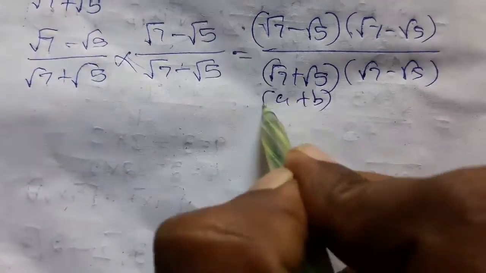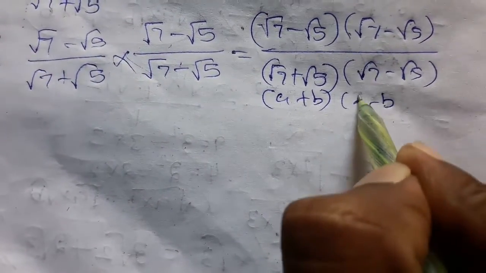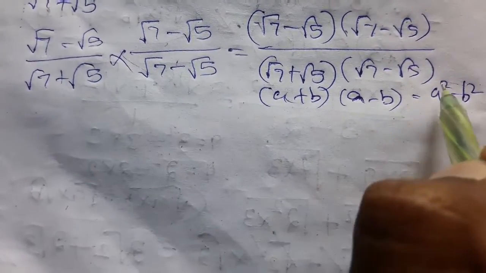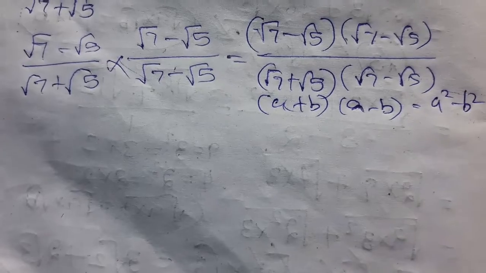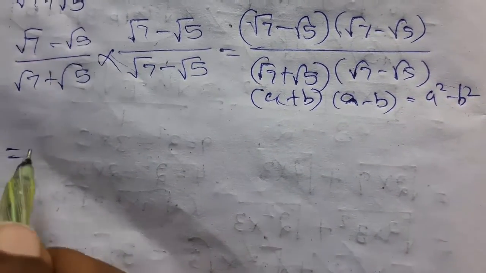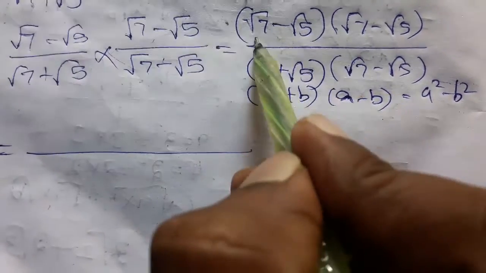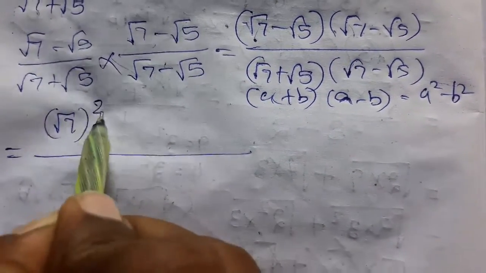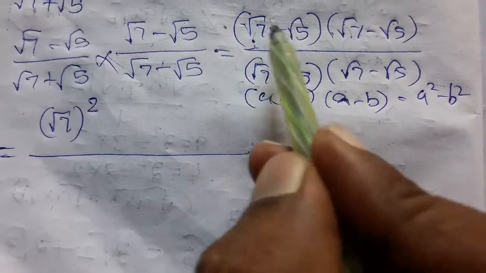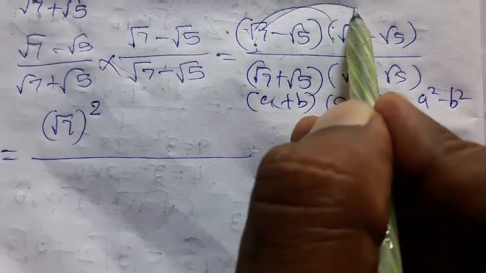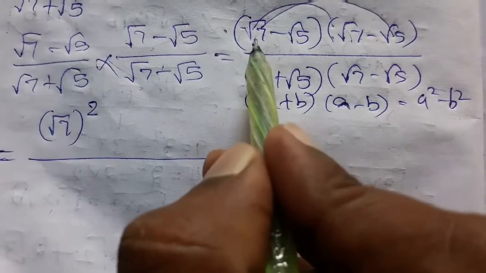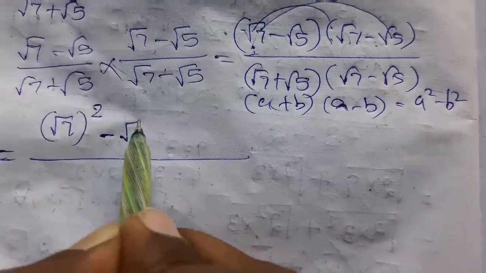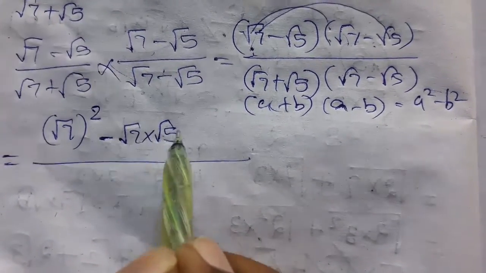See here, (a plus b) into (a minus b) is equal to a square minus b square, the formula useful in the denominator value. Now numerator: root 7 into root 7 means root 7 whole square. Root 7 into root 7 is over. Root 7 into root 5: this is plus, this is minus, plus into minus becomes minus root 7 into root 5.